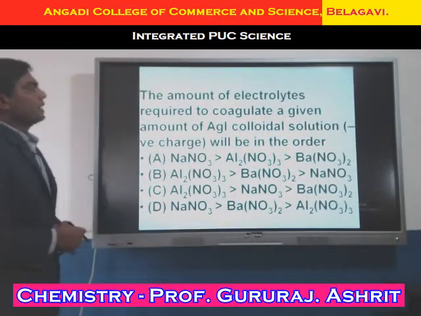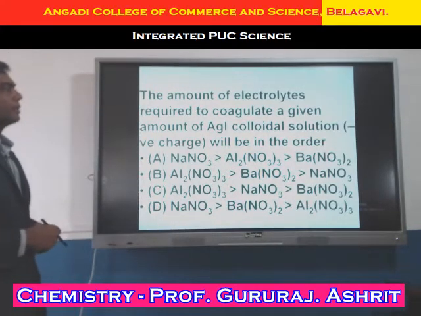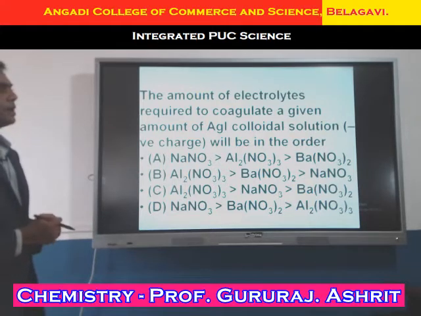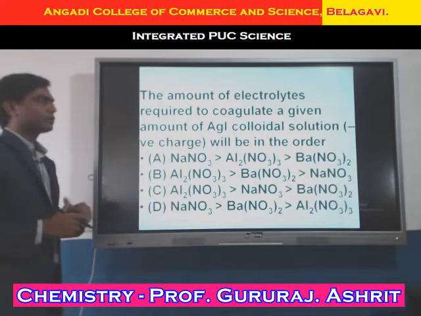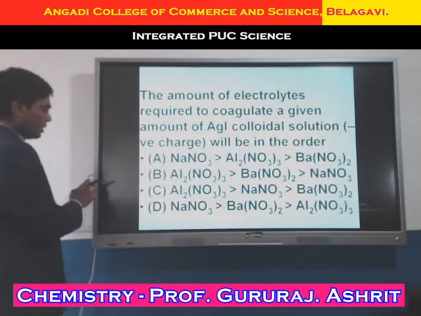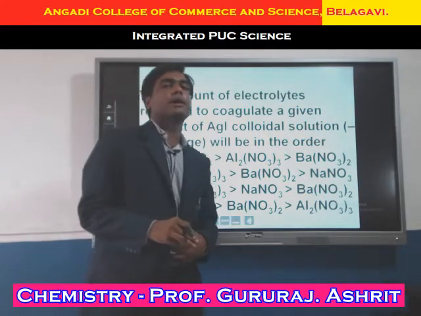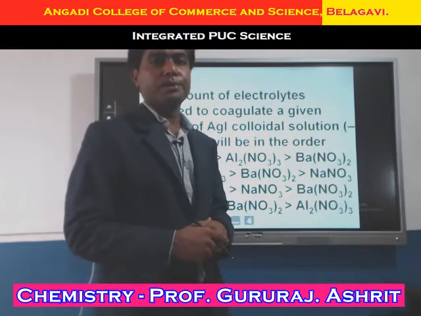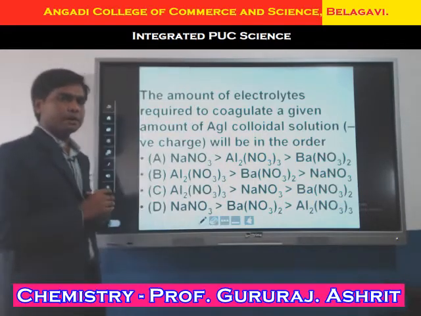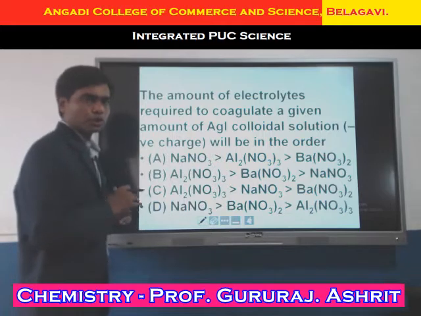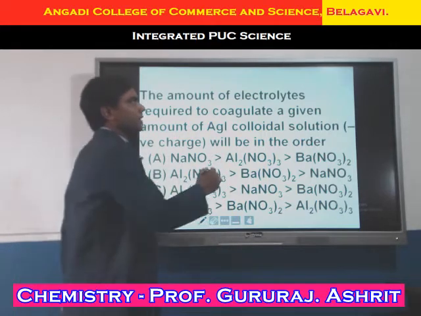So next, the amount of electrolytes required to coagulate a given amount of AgI colloidal solution, negatively charged, will be in the order. So this concept is related to coagulation value, flocculation value. Briefly I will tell that because time is very short.